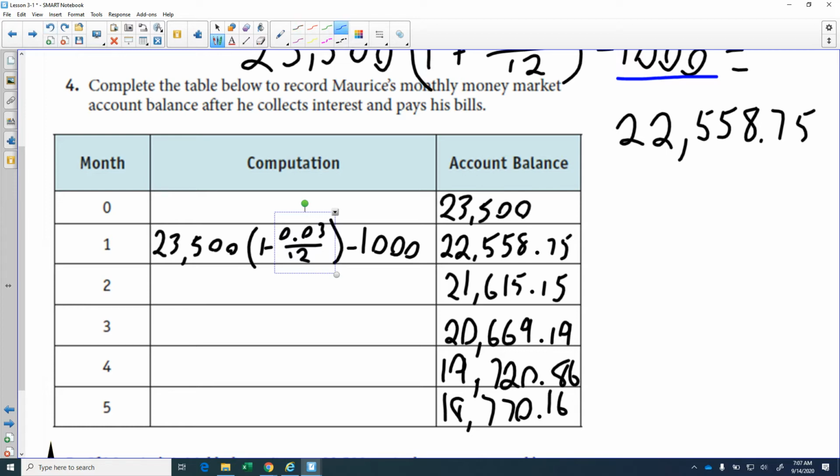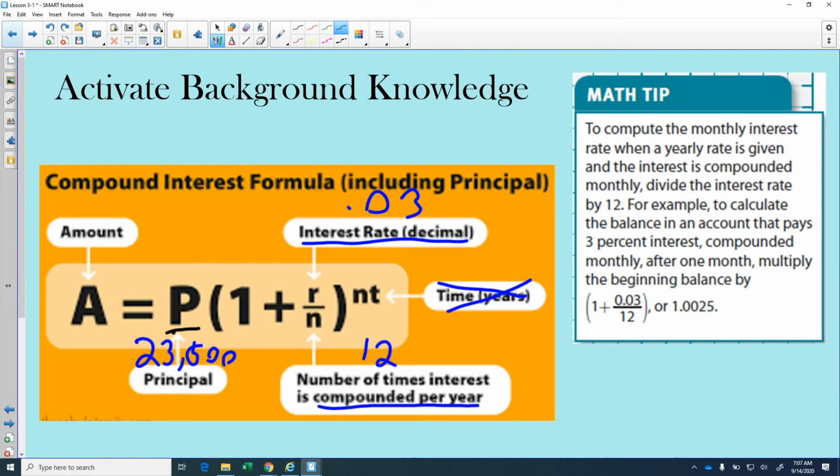If I want to make a second equation, I can't use the original value up here again. If I want to figure out how much money I have in month 2, which I have sitting over here to the right, I have to think about how to create another equation. The only thing that really changes in this problem is your initial principal value. How much money did you start with?